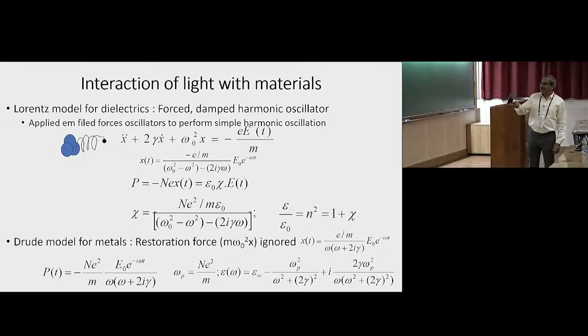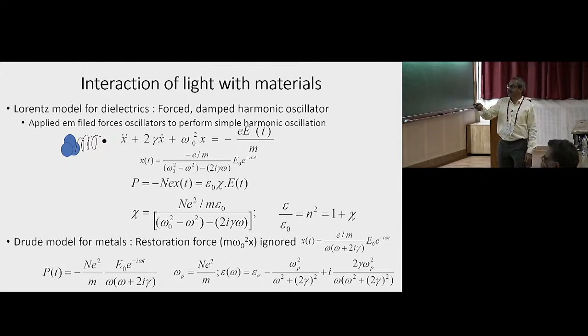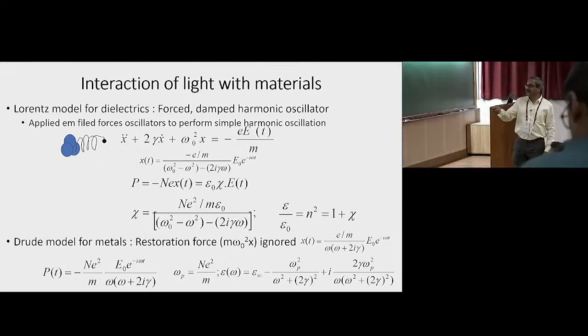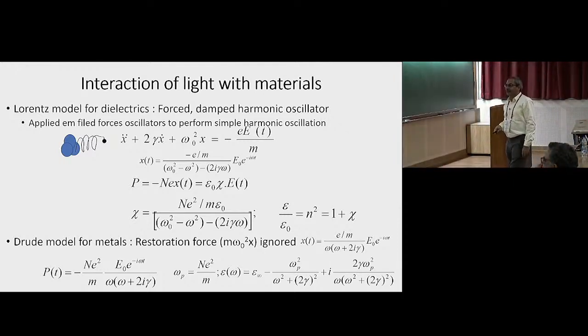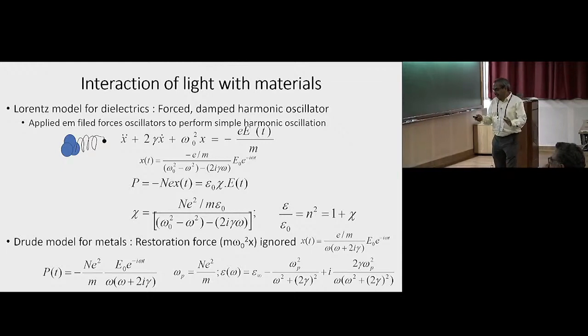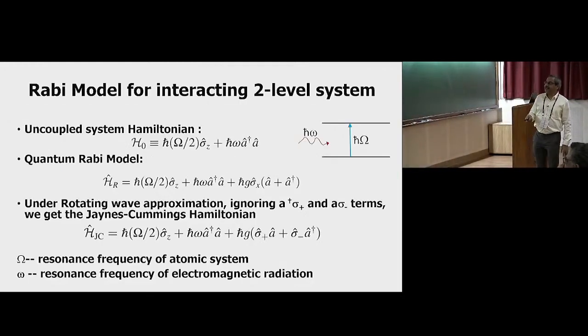So you have the standard simple harmonic driven oscillator, in which in case of dielectrics, because of the restoration force, you have this, and that is absent for metals because electrons are free in metals. So this is for the bulk picture.